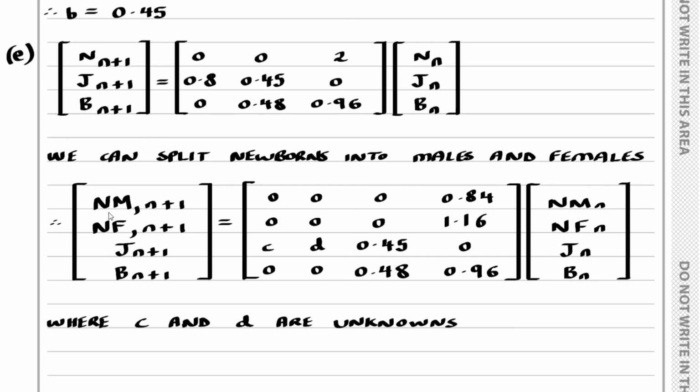So what we're saying is, before we had newborns equals 2bn, but now we know that it's split up between males and females, which is why the number of newborn males and females would require these 2 extra rows. So this is our refined matrix.